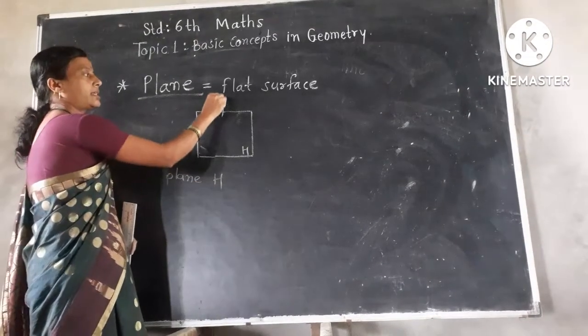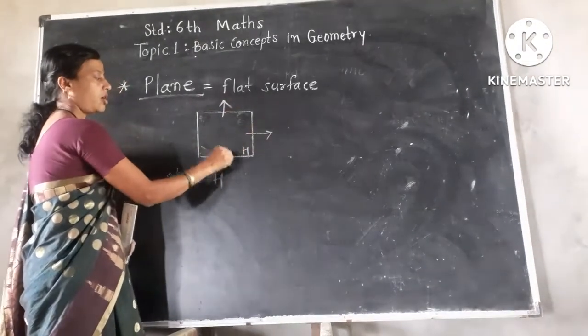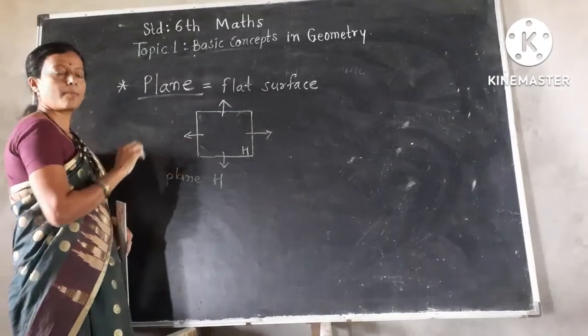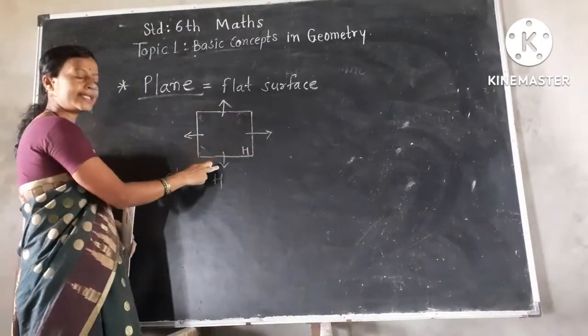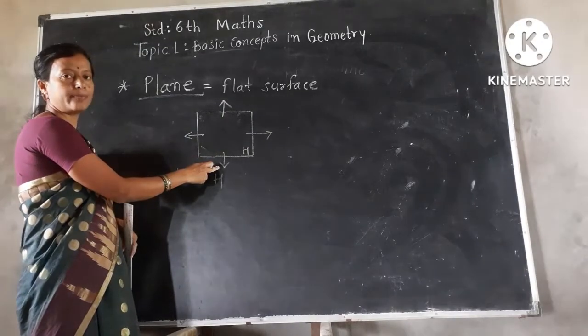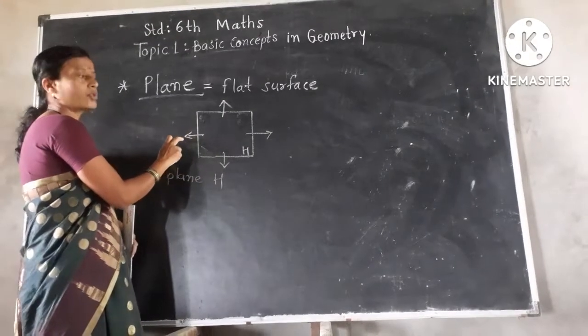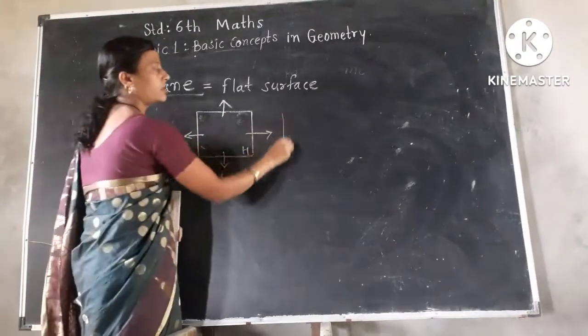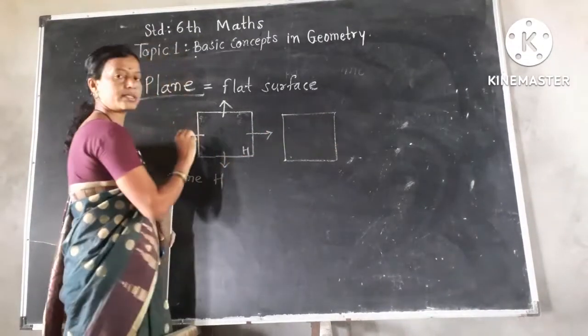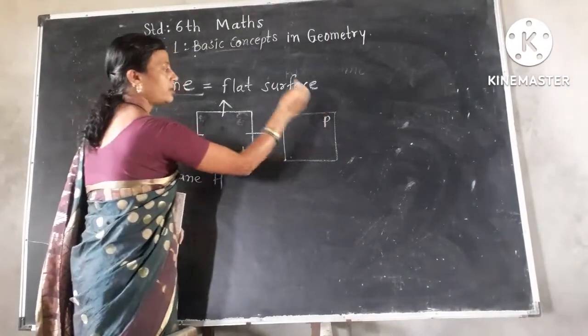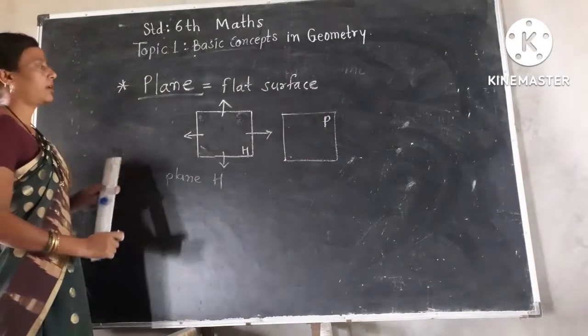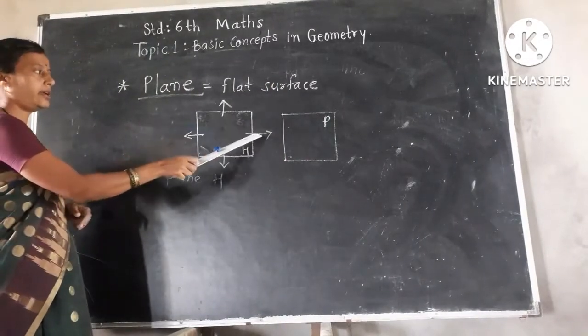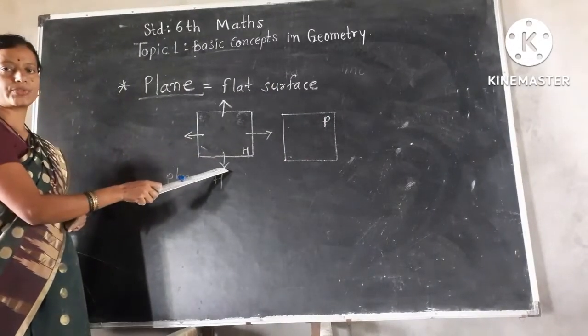The plane is extended in all directions, but we cannot show these arrowheads because of conventions. So we only draw a flat surface of plane and give a name. Plane is extended in all directions.